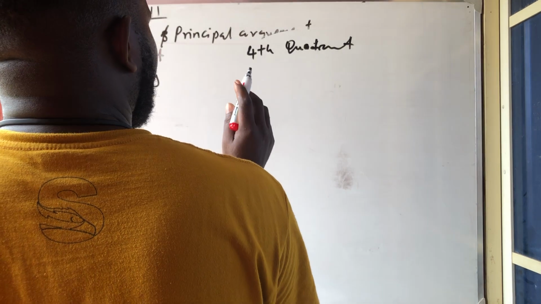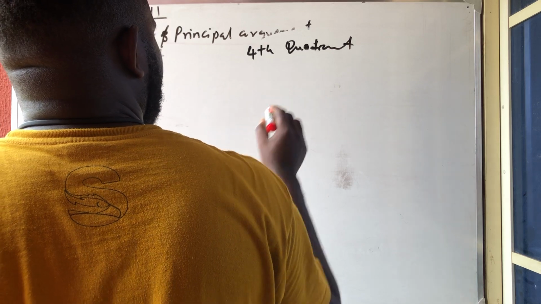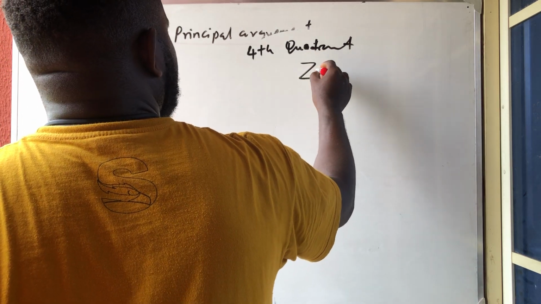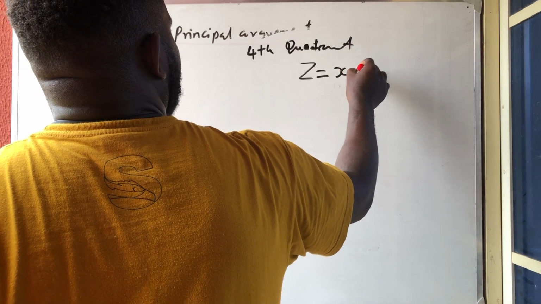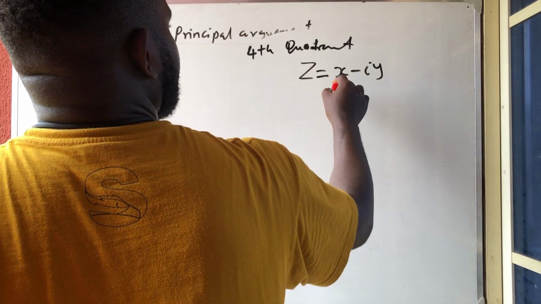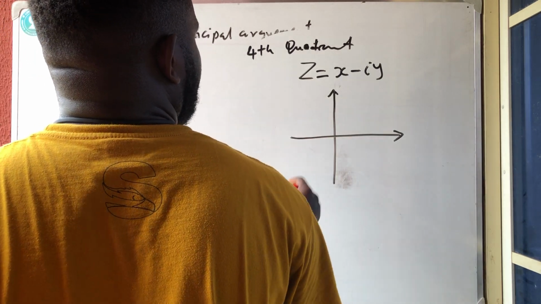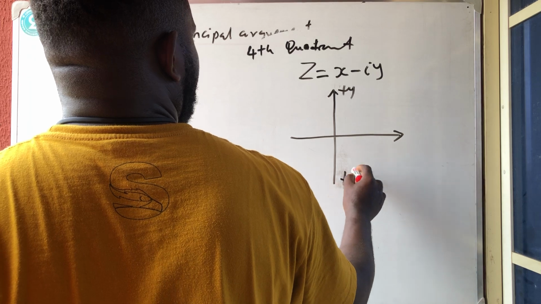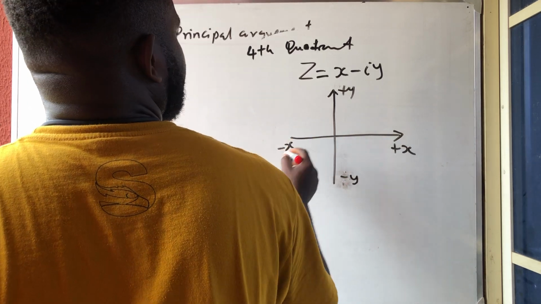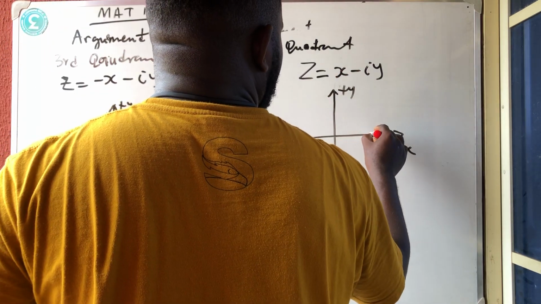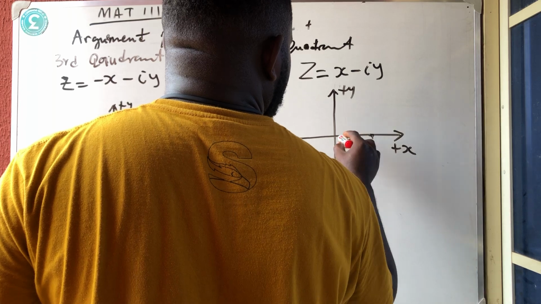Where is it going to fall? z is equal to x minus yi. Let's see where it's going to fall. You are going to draw it by yourself. This is plus y, minus y, plus x, minus x. So this is plus x here, but minus y is here. If you bring both of them together, they meet here.